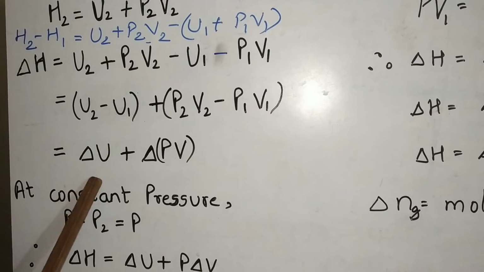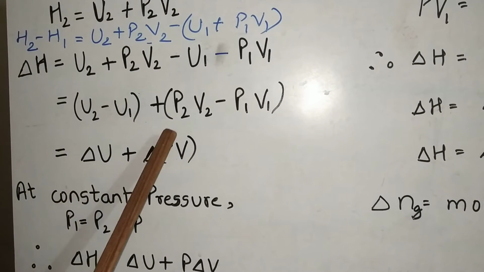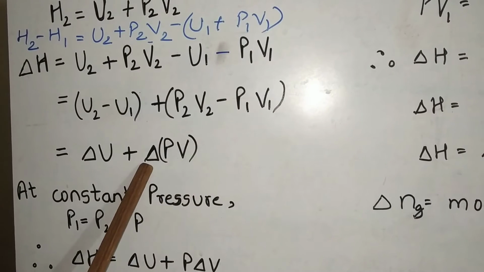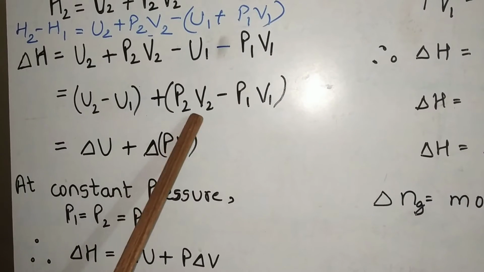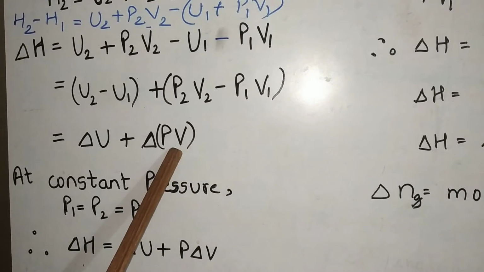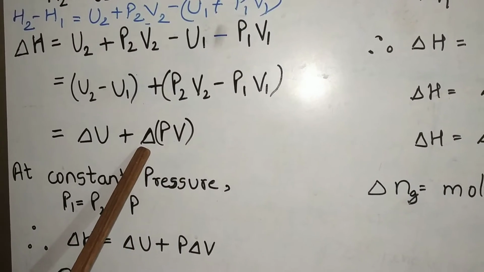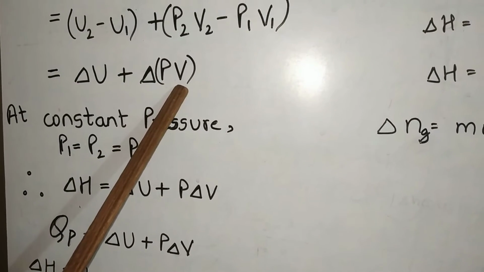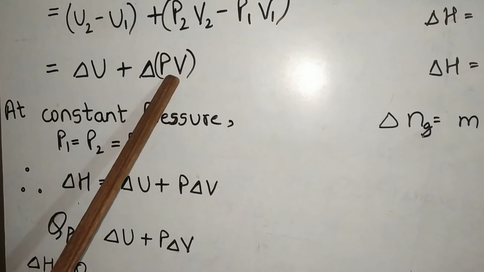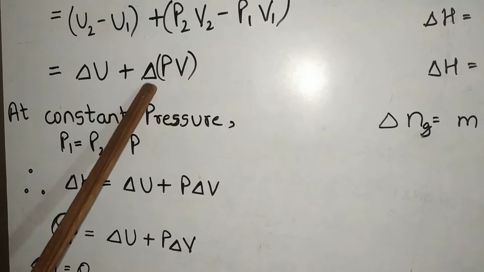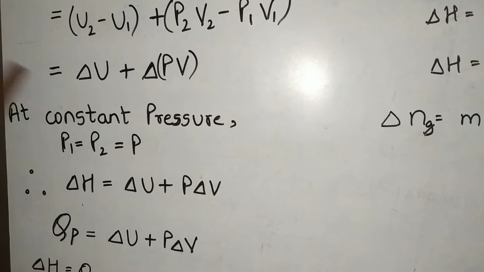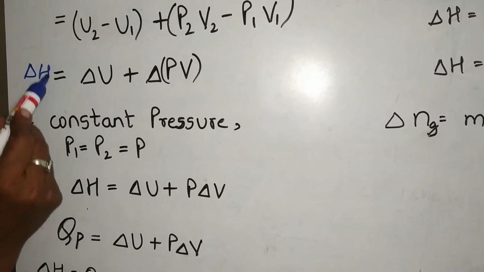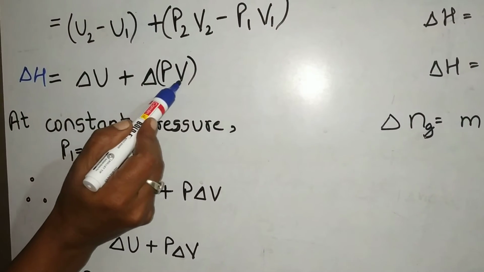U2 minus U1 becomes delta U, and P2 minus P1 can be written as delta P, and V2 minus V1 can be written as delta V. Taking delta out, this is written as delta P into V. This is nothing but delta P into delta V. So taking delta out you get P into V. So finally you get what? Delta H is equal to delta U plus delta P into V.